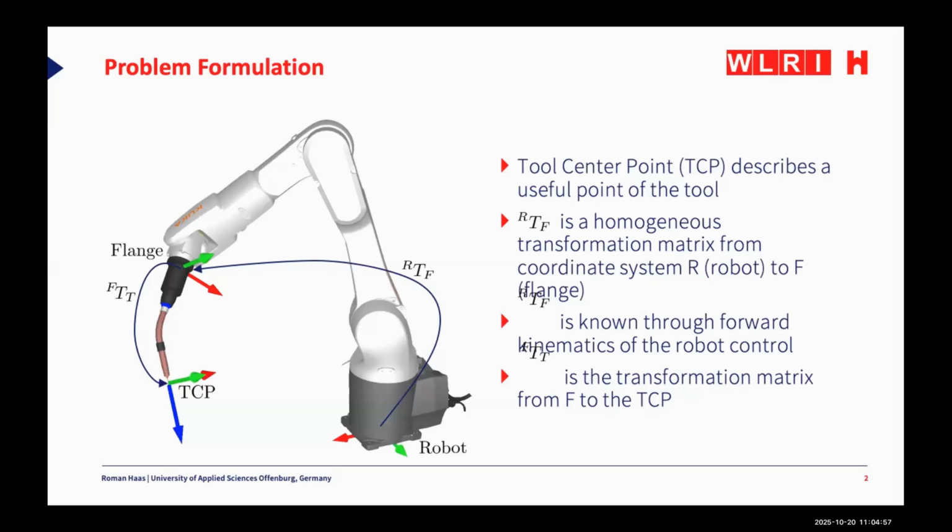What I'm interested in this work is the robot kinematics of the robot, for example. So every joint of the robot has a rotation angle, and this transformation matrix is the combination of all the joints, for example. So I'm interested in this one.